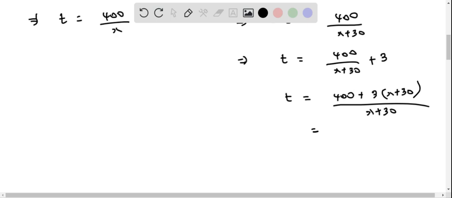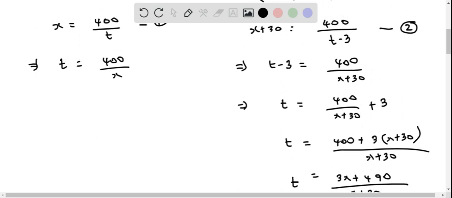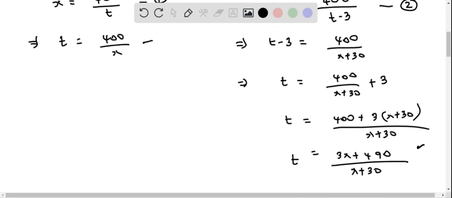So 400 plus 90 will be 490, and I can write down 3X plus 490 divided by X plus 30. So this is the time I get from the second equation. Now we know that these two times, that is the time from equation 1 and the time from equation 2, both are the same. So we can relate the right sides.